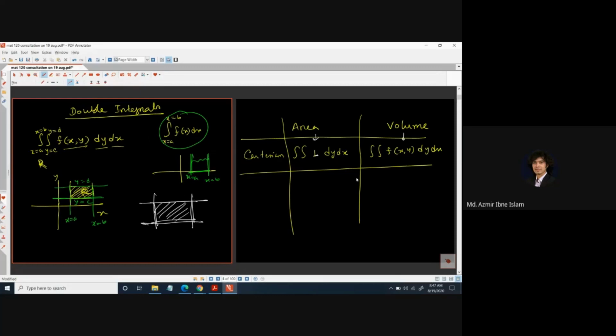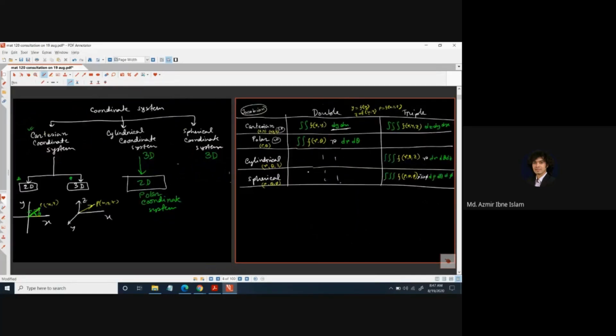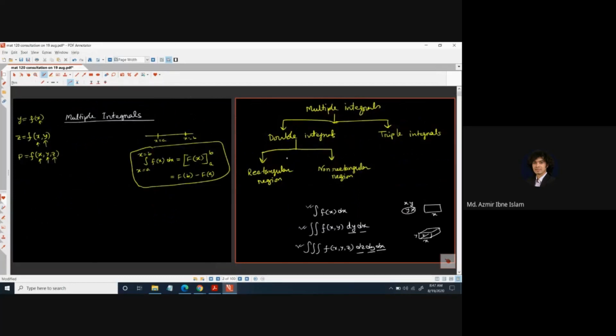At the very beginning of this session, I told you that double integrals have two classifications. We can evaluate a double integral in a rectangular region or in a non-rectangular region. Rectangular region means you have a rectangle.